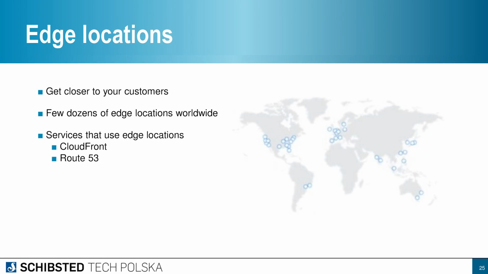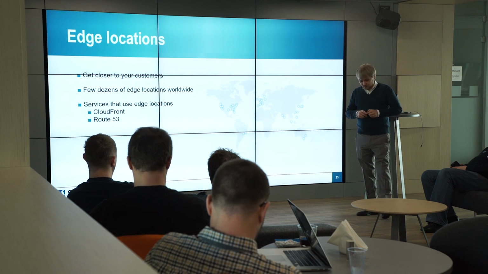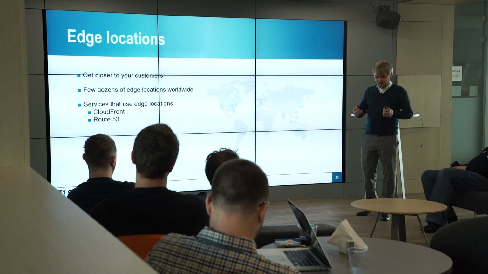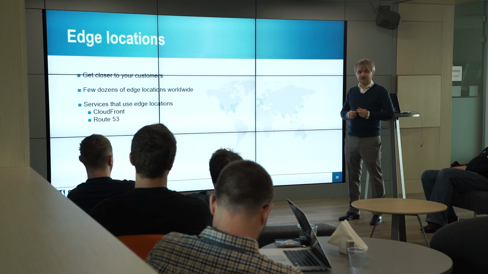And the last topic, edge locations. Amazon has more than 50 edge locations distributed throughout the world. As I said, they are also in Warsaw. Edge locations are responsible for getting your data closer to customers.